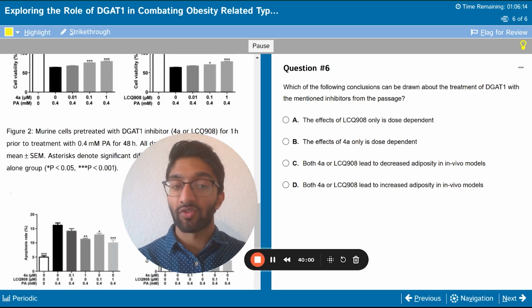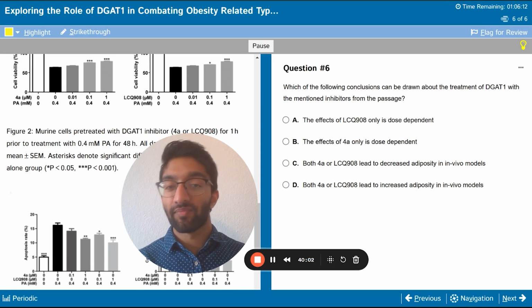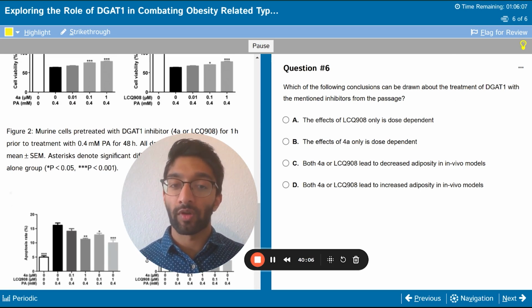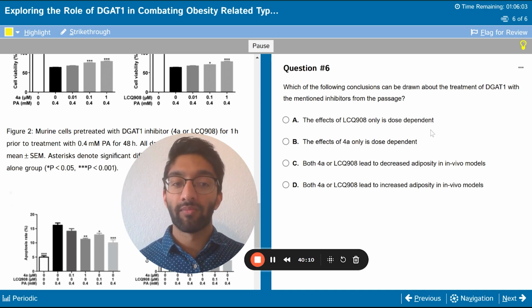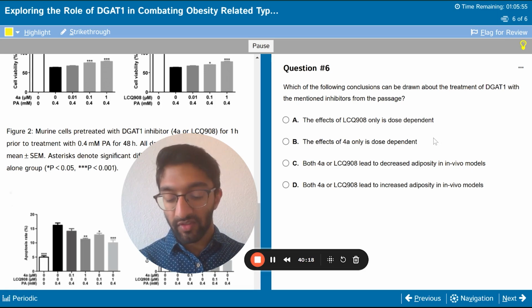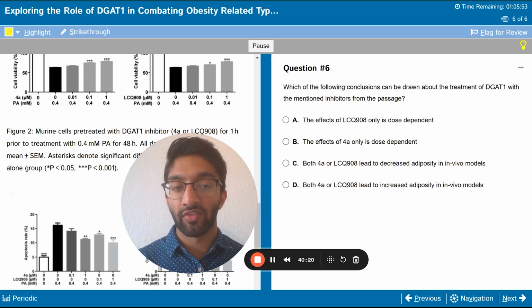So that means that if you wanted to treat diabetes with these DGAT1 inhibitors, either one would probably work. But of course, that's a bit of a stretch, and there are a lot more things that would go into that. The main thing here is that both of them have a dose-dependent effect, and more specifically, are they decreasing or increasing adiposity?